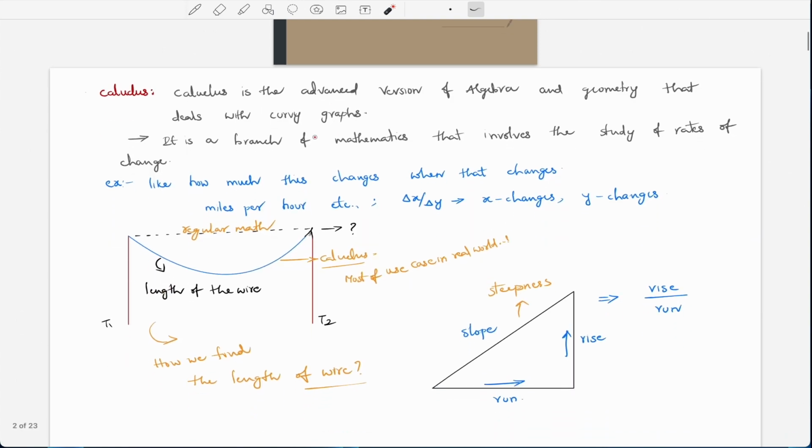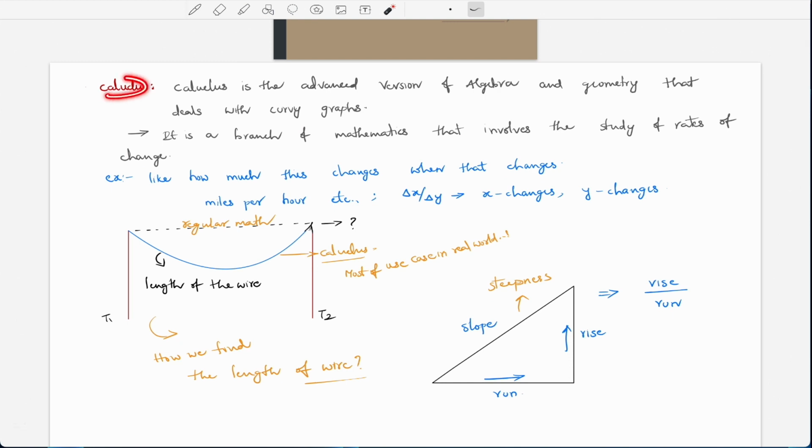Okay, I'm going to start with what is calculus. As I said, it's just a branch of mathematics that deals with the rate of change. I want to give a basic and general example. Calculus is the advanced version of algebra.